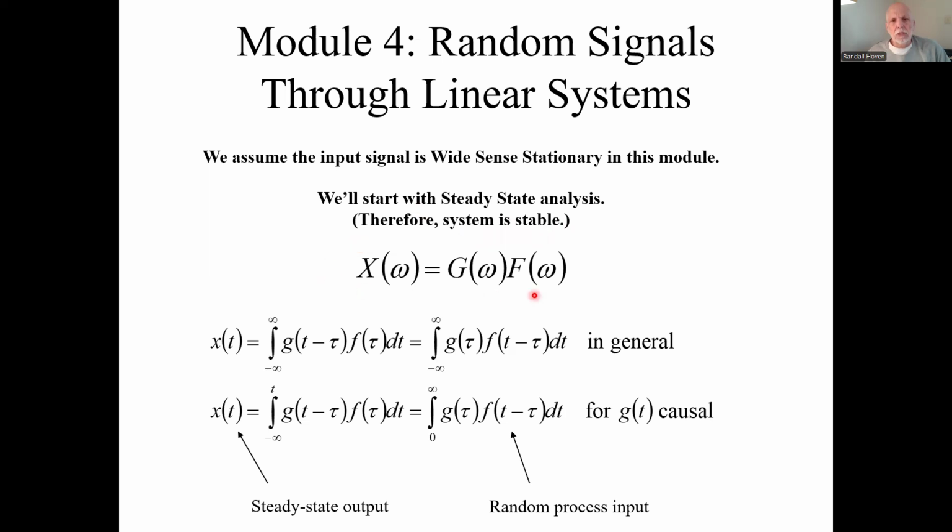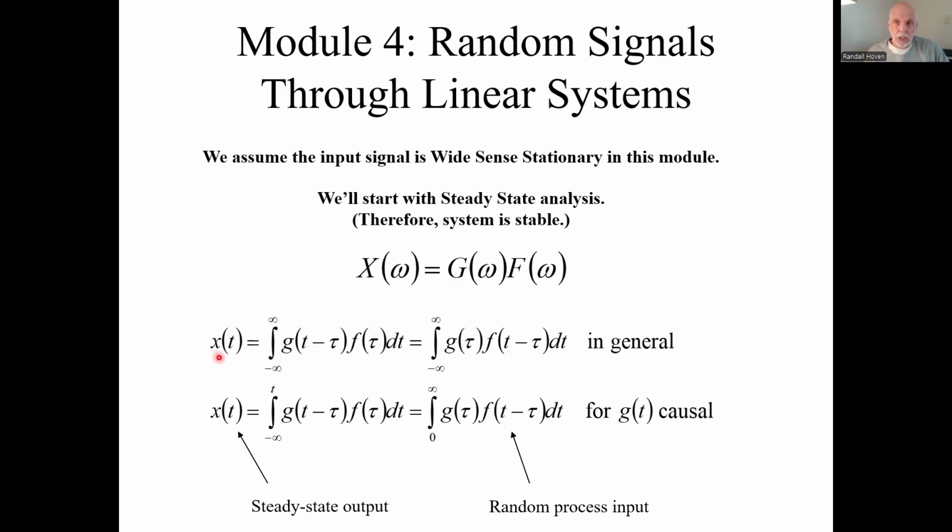And when we looked at linear systems, we had this relationship in the Fourier domain, that the output equals this product of, call it the transfer function, and the input, all being Fourier transforms. And a feature of the Fourier transform, like the Laplace transform, if you have a product like this in the Fourier domain, it translates into convolution in the time domain.